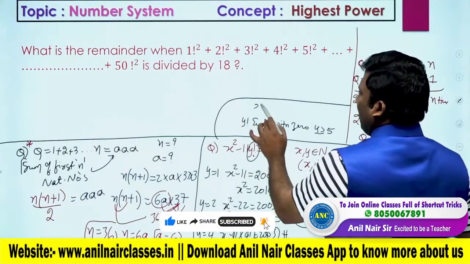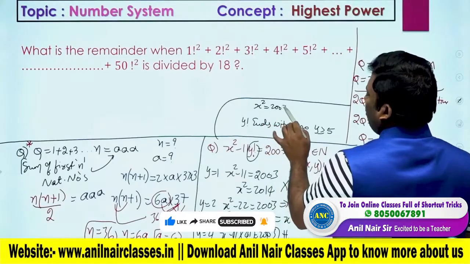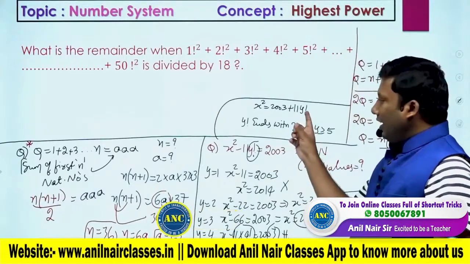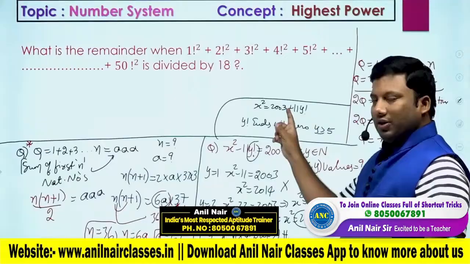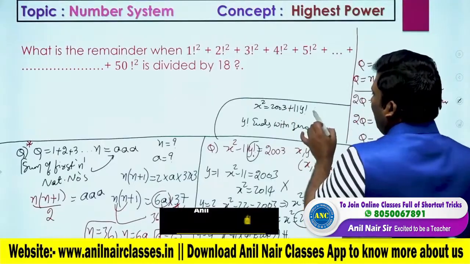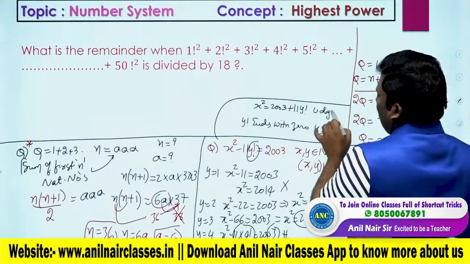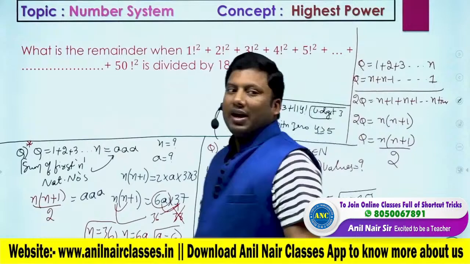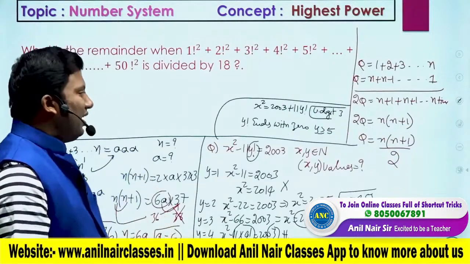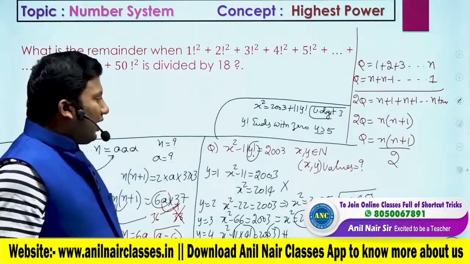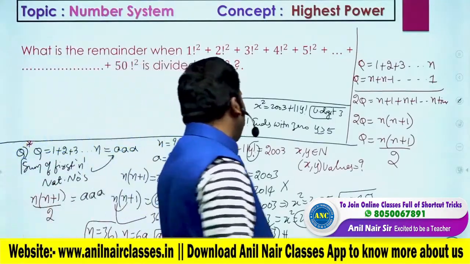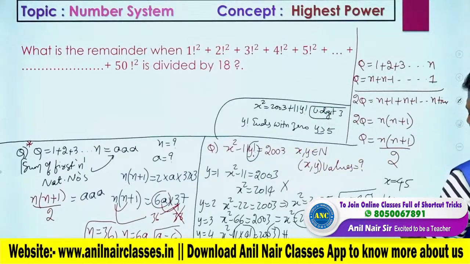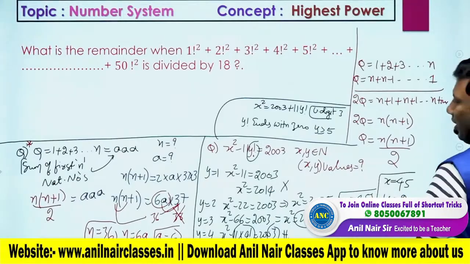That means x square is equivalent to 2003 plus 11 y factorial, and all these numbers will have unit digit 3. Can a perfect square have unit digit 3? A perfect square will not have unit digit 3. So that can be eliminated. So how many values did we get? We got one value. X is 45 and y is 2.